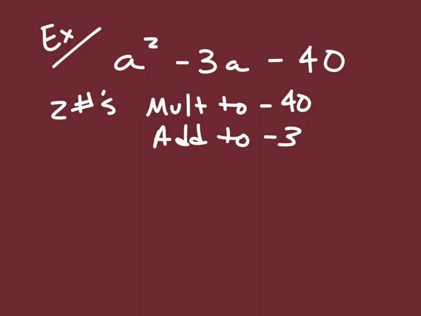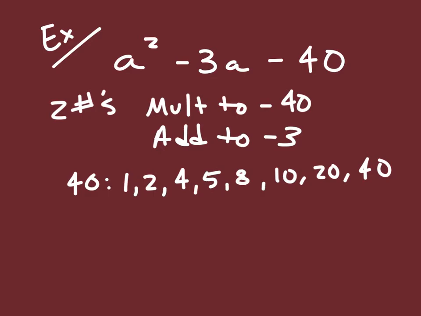This is a tough question to answer. If you write out the factors of 40, you've got 1, 2, 4, 5, 8, 10, 20, and 40. One of these numbers needs to be positive and one needs to be negative. If they need to add to negative 3, what are we going to do?